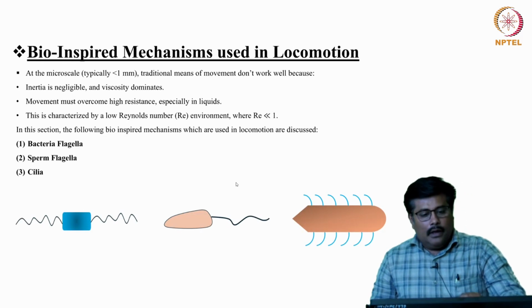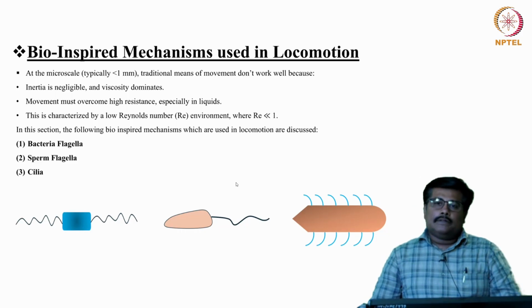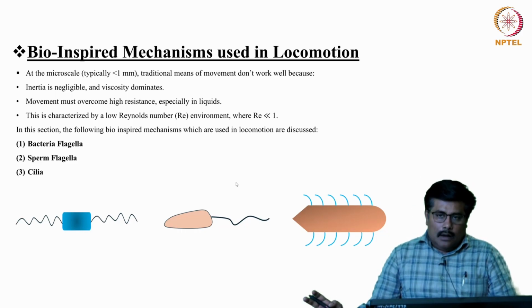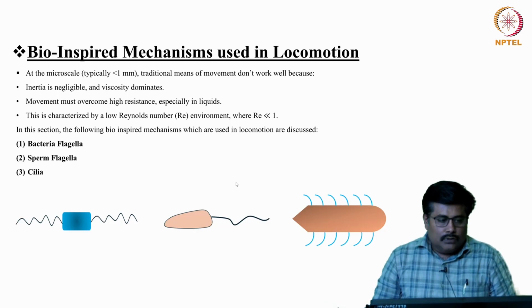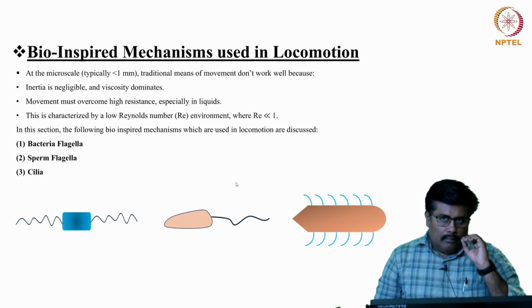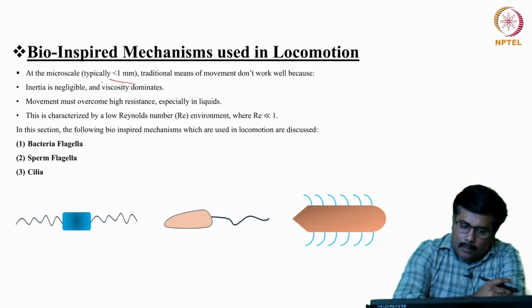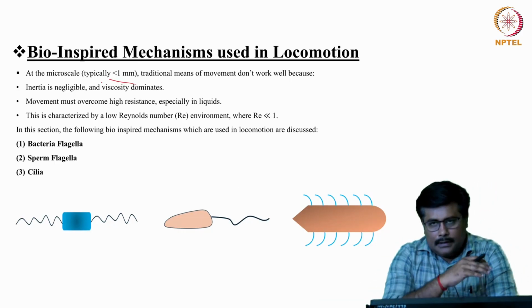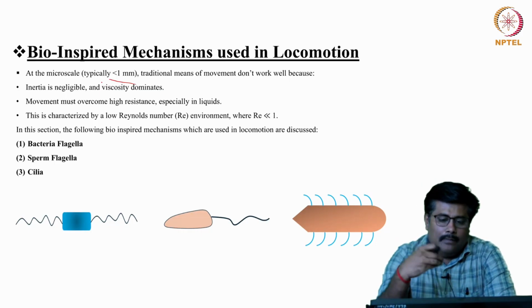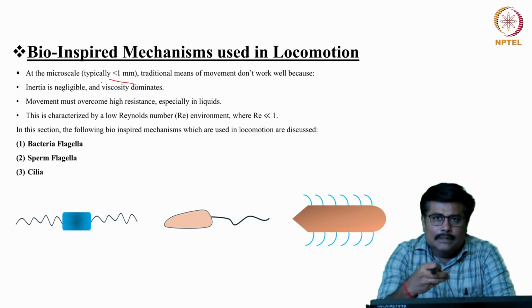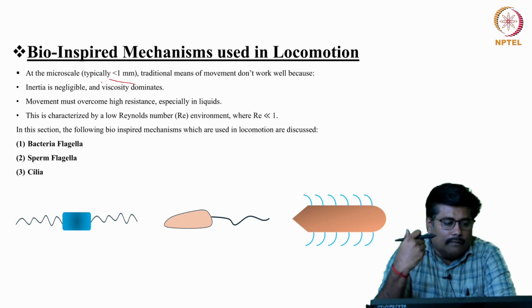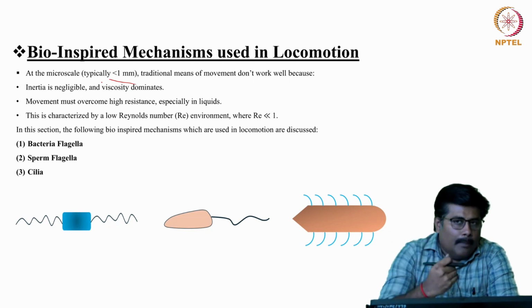Now, if we make a comparison with reference to these bio-inspired mechanisms used in locomotion, the working window is less than 1 mm, and it does not mean it has a traditional means of movement, or it has an additional interdisciplinary field which is helpful for appropriate locomotion.